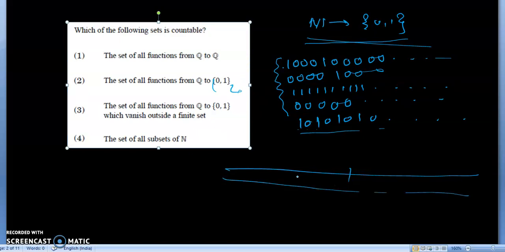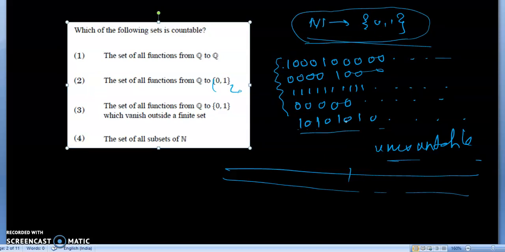How many real numbers are there? Uncountable. That means the number of binary representations is uncountable, and every binary representation is a function. So the number of functions from N to {0, 1} is uncountable.